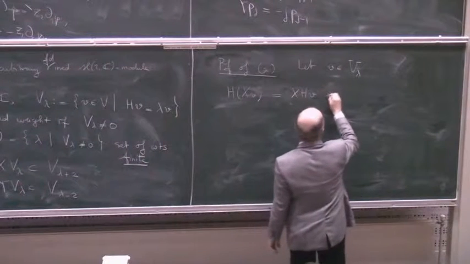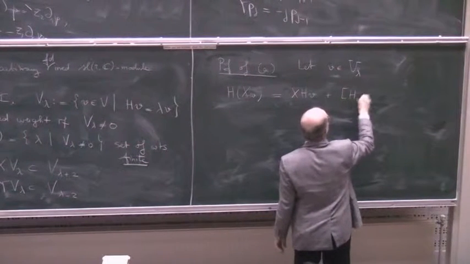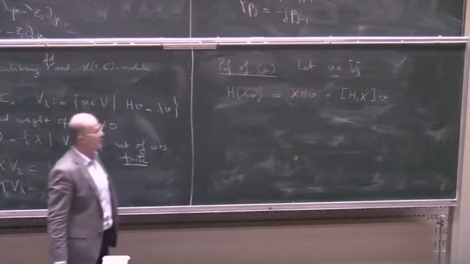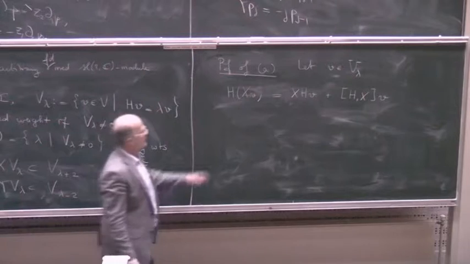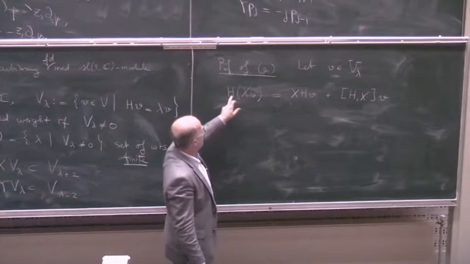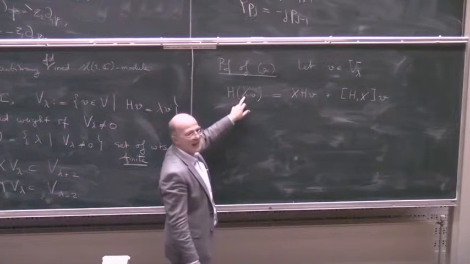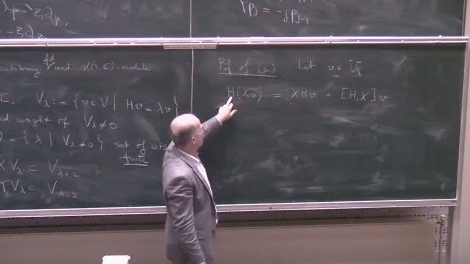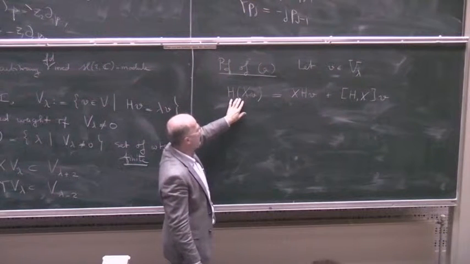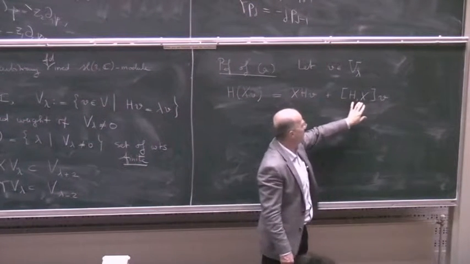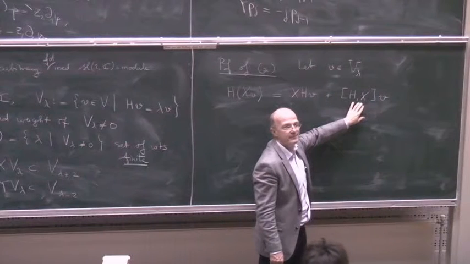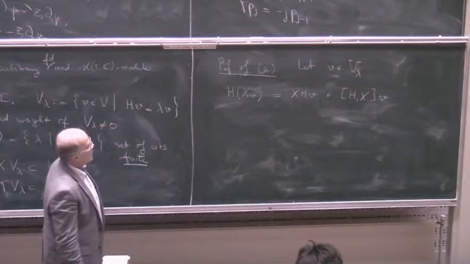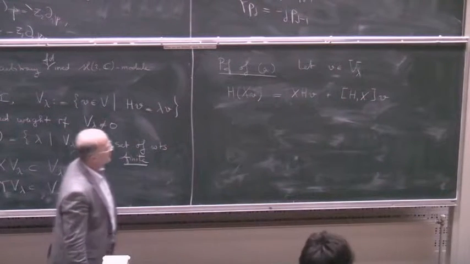I can do this because we have a module for the Lie algebra, and so these are really the operators by which x acts on the module V, and by which h acts on the module V, and the commutator of these operators is the operator given by the Lie brackets. So this is the reason for this formula. Now, why am I interested in the right-hand side?